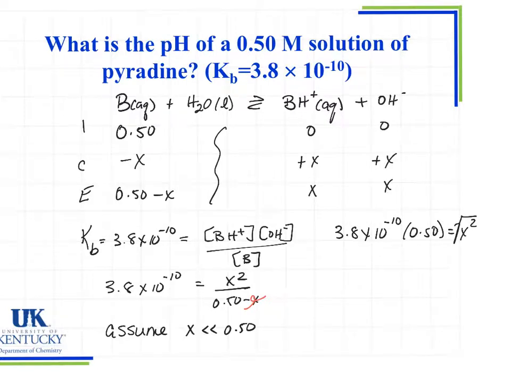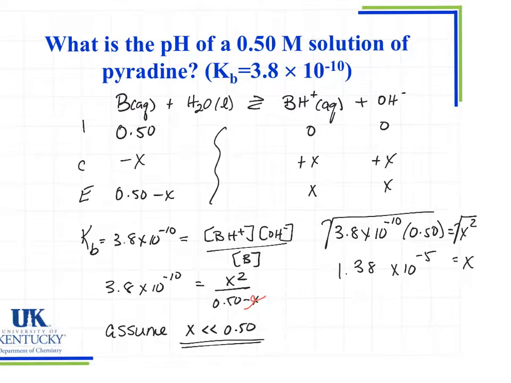And if I take the square root of both sides, I will be left with x. In this case, I have an x equal to 1.38 times 10 to the minus 5. Now let's check our assumption. Is that much, much smaller than 0.5? It certainly is.